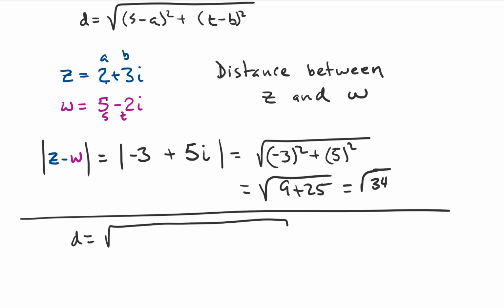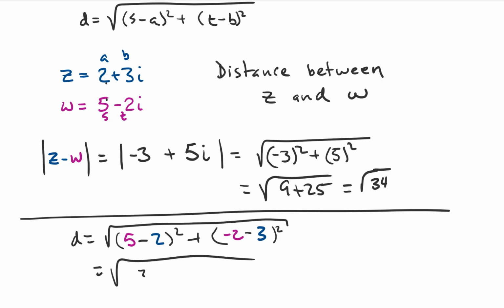The distance is equal to some stuff squared plus some other stuff squared. So s is 5, t is negative 2, and then we subtract out our a, which is 2, and our b, which is 3. We end up with the same thing we just did above, but the signs are different, and we still get the square root of 34. Same answer, two different ways of going about it.